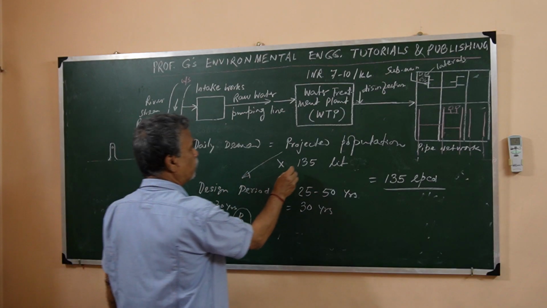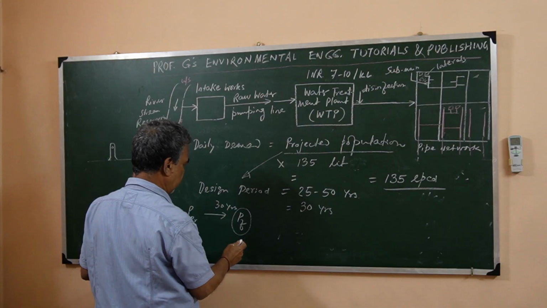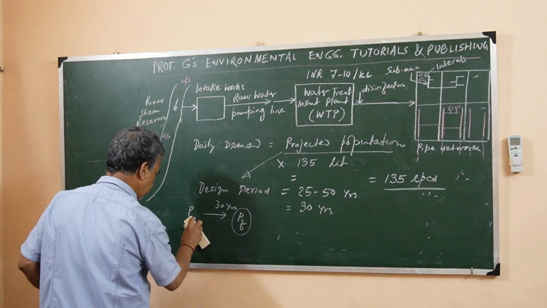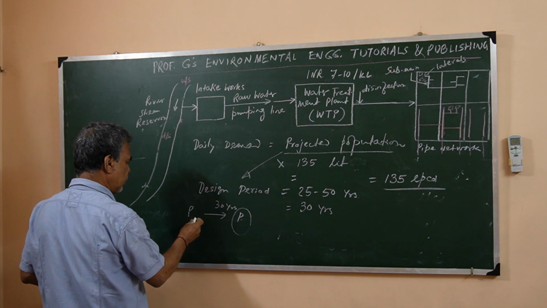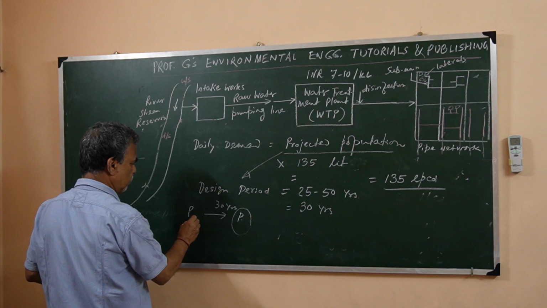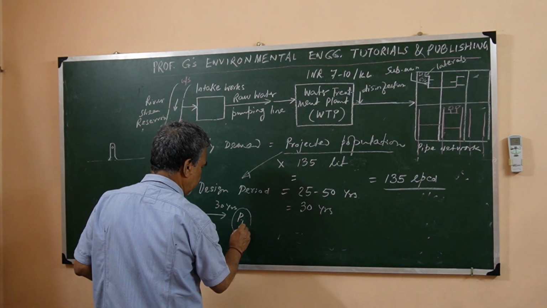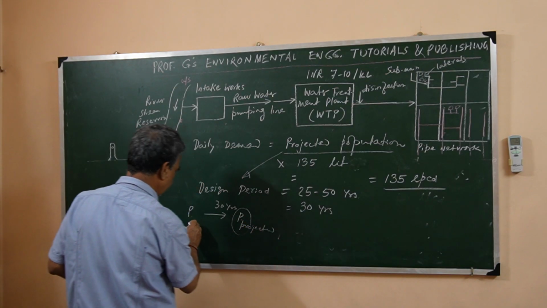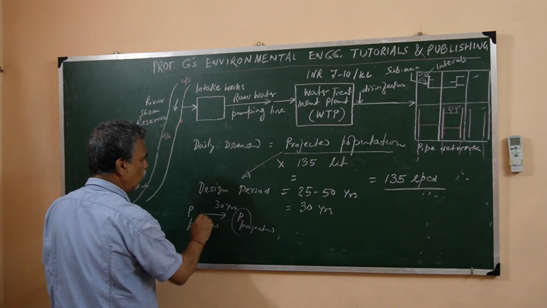Here let me change the notation or the symbol. This is P present, the present population, and this is P projected, so it will be more clear.